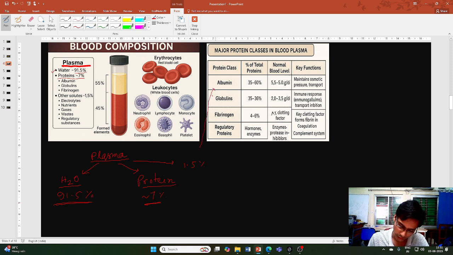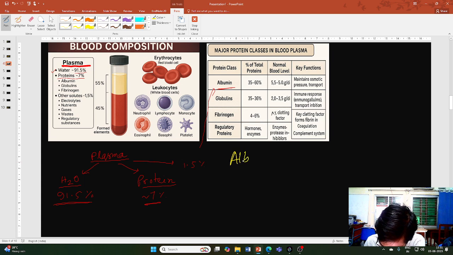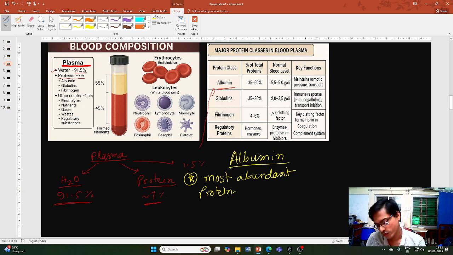Which types of proteins are there? The major protein is albumin. Albumin is the most abundant protein, the most abundant plasma protein in the blood.